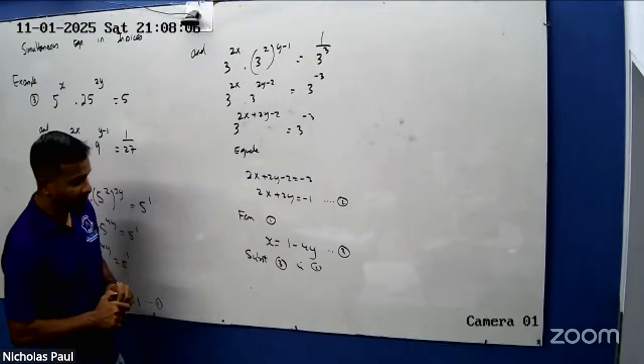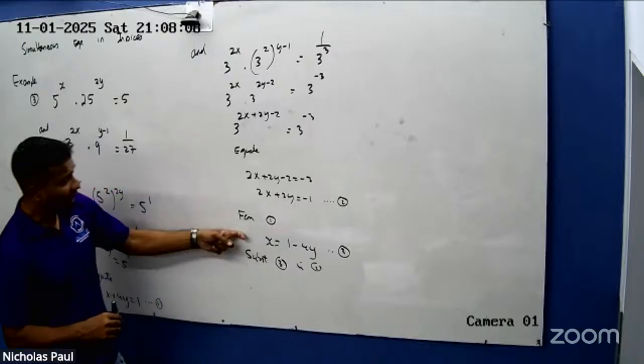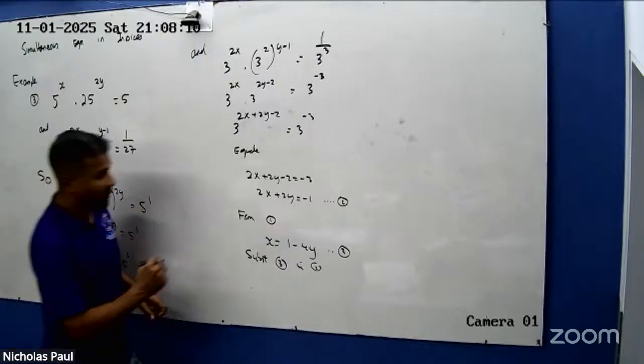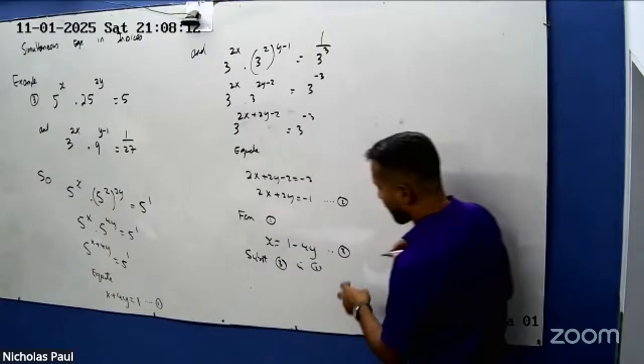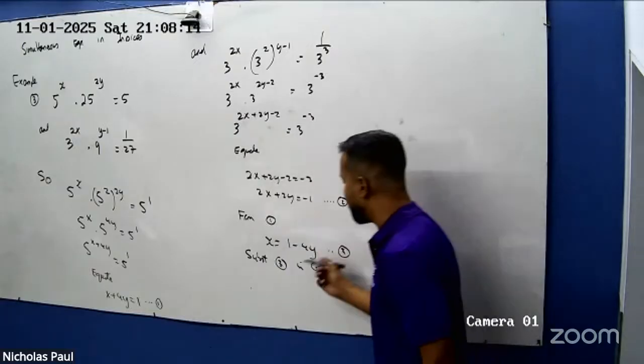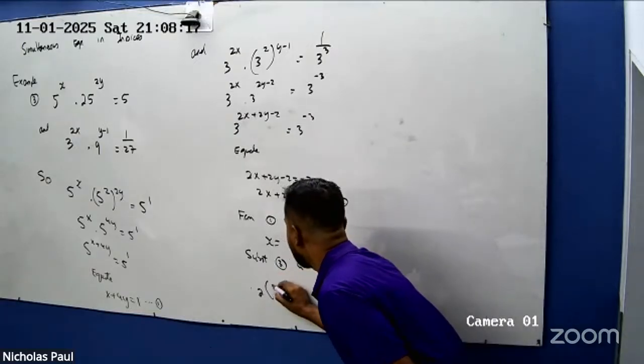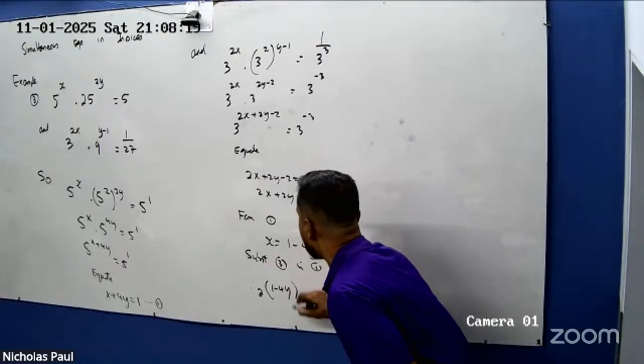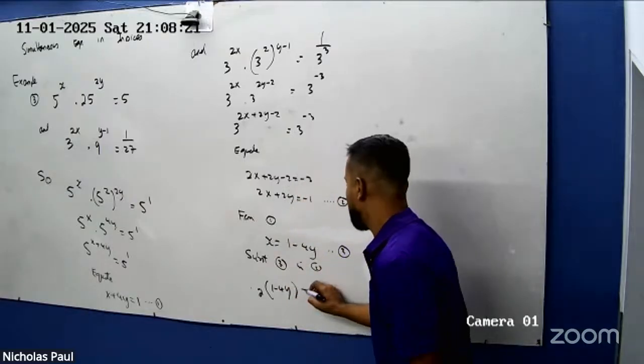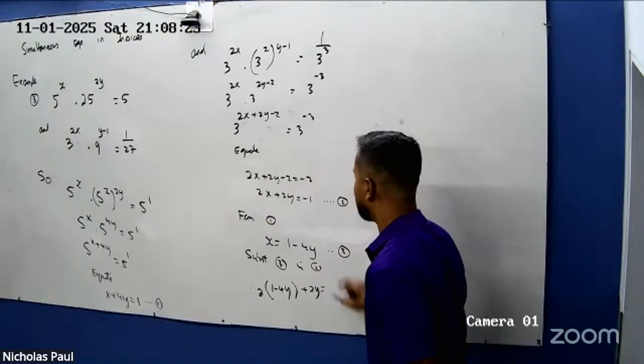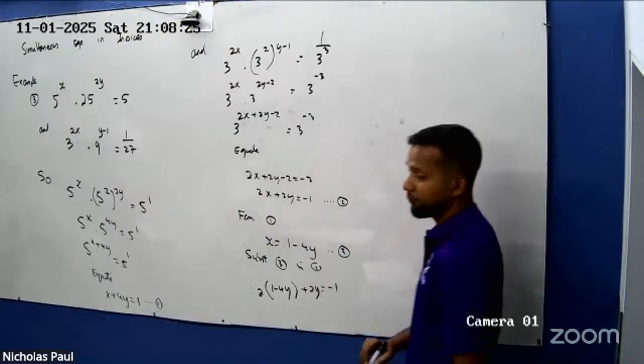So obviously, I'm going to substitute in here, right? So I'm going to substitute equation 3 in here, and I will get 2 by 1 minus 4y plus 2y is equal to minus 1.